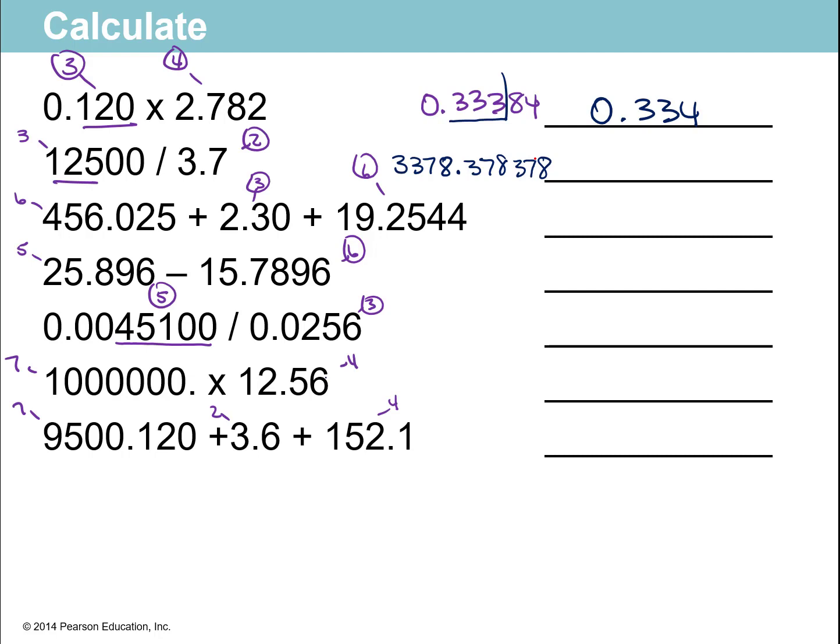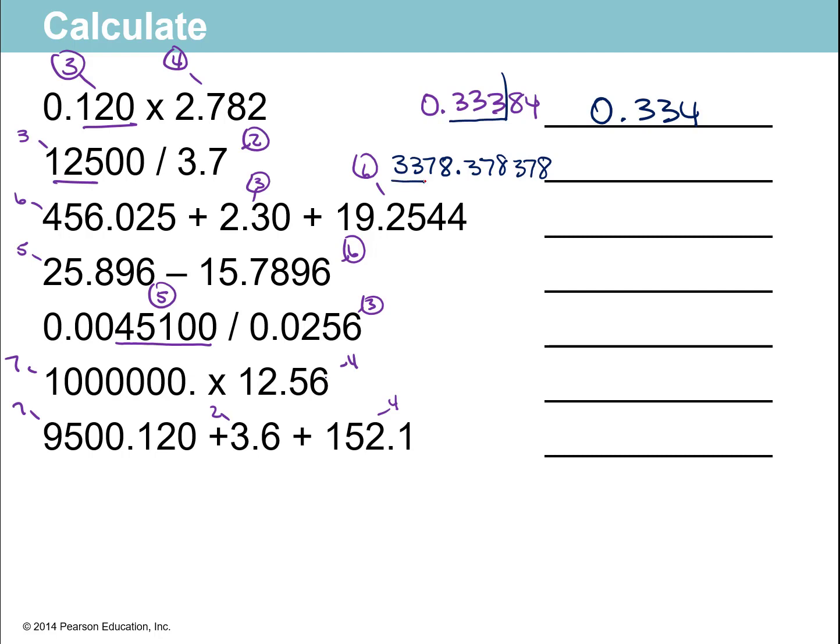Looking at it, how many significant figures are in that number? 378,378,378. 10. Can't have 10. That's way too exact a number compared to the numbers in the problem. So I've got to round this to 2 significant figures. Just like before, start from the left. The first 2 significant figures are the 3 and the 3.